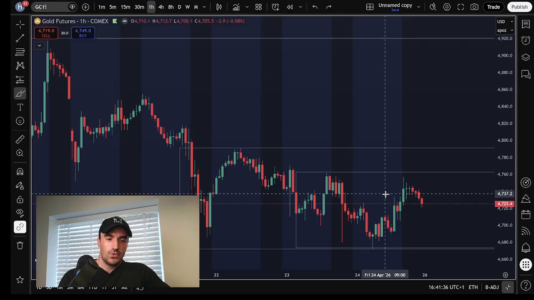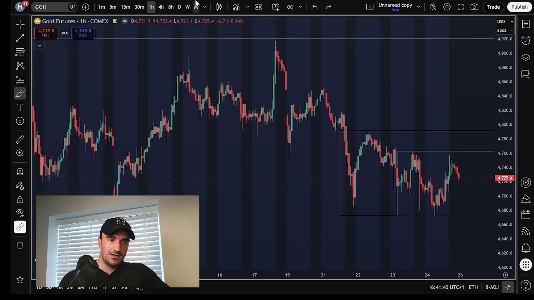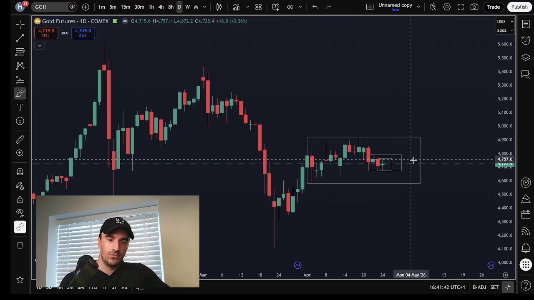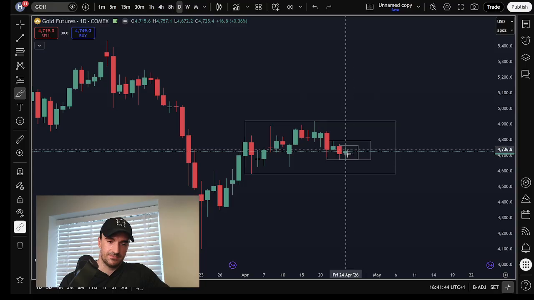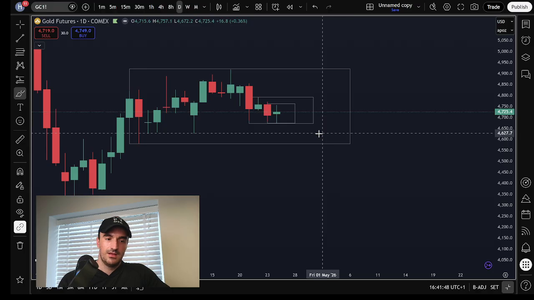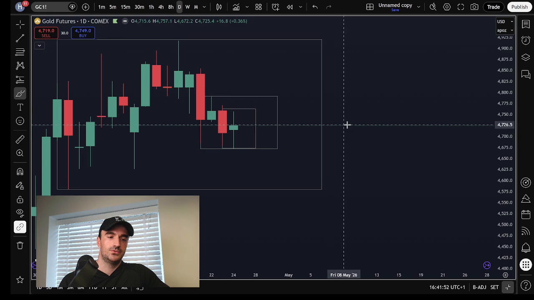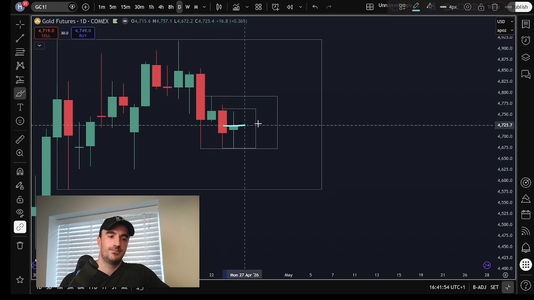So currently we are looking at the gold chart. If we put on the daily, we can see we are in a big range. The candle on Friday looks like a bullish close, but from my point of view, it closed very weak.